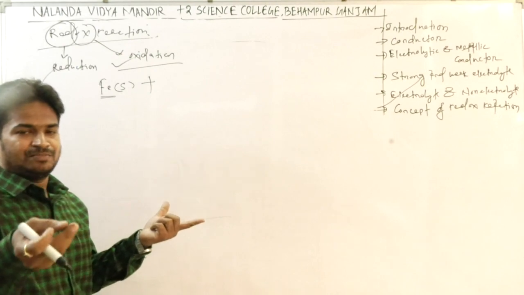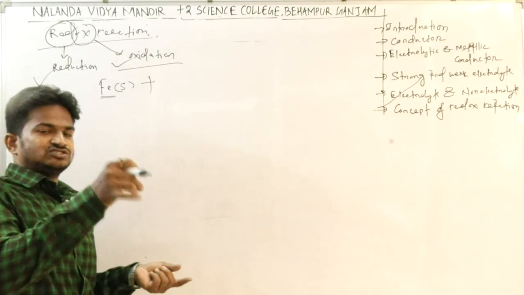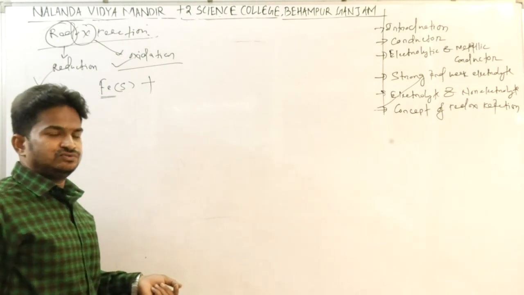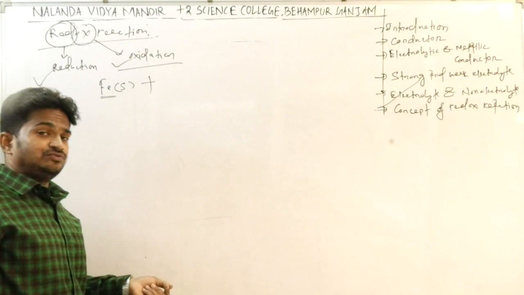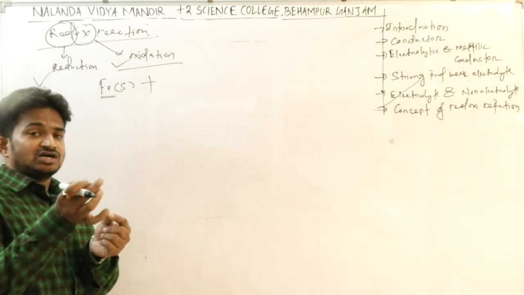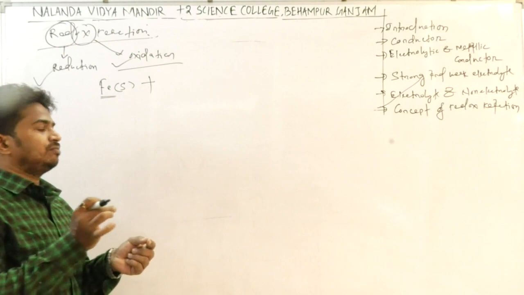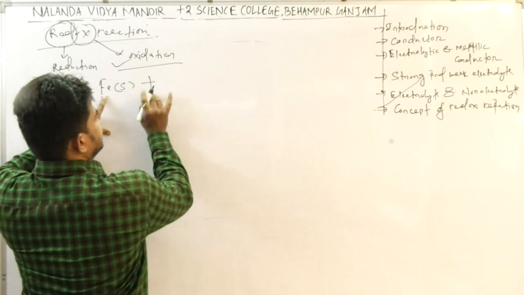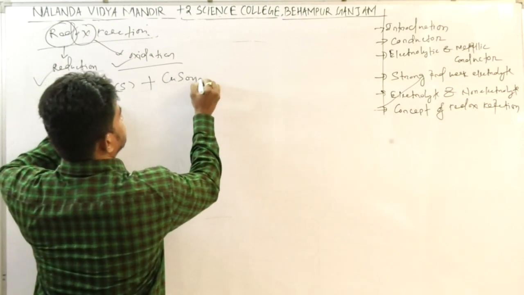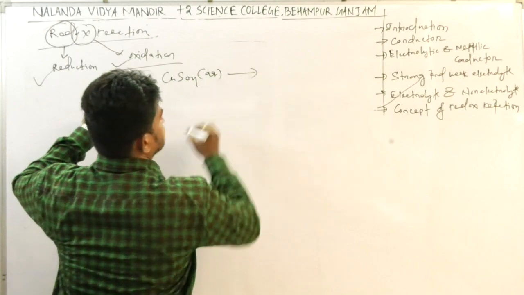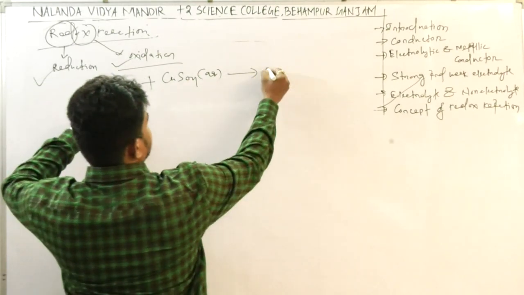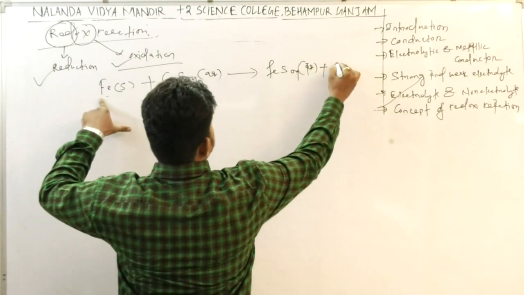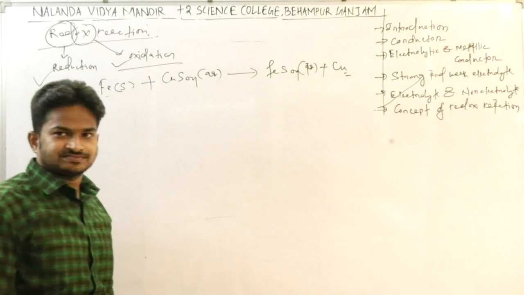If I put the iron pin inside that solution and leave it for 15 to 20 days, the iron pin becomes brown, coated by copper. So when the iron pin is dipped inside the copper sulfate solution, the product will be FeSO4 plus copper.